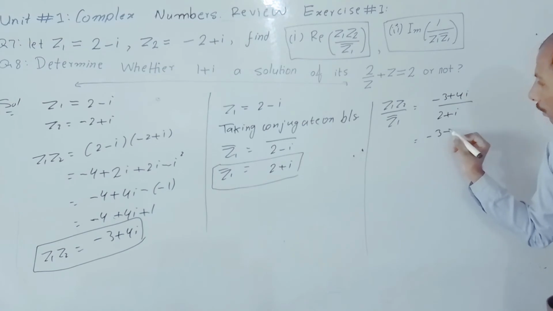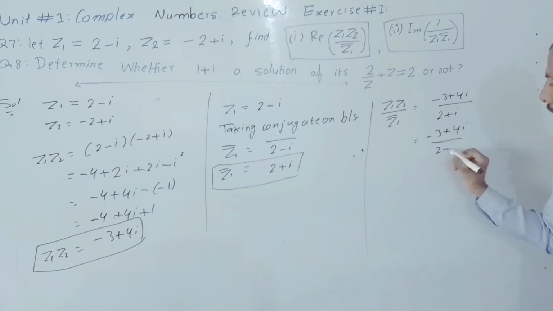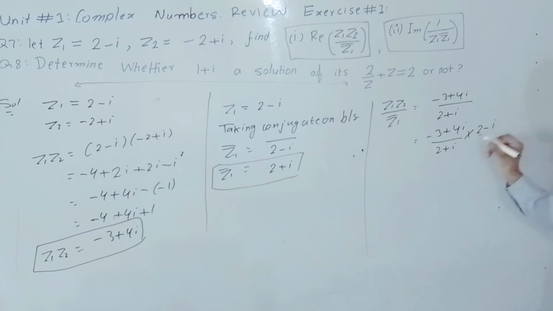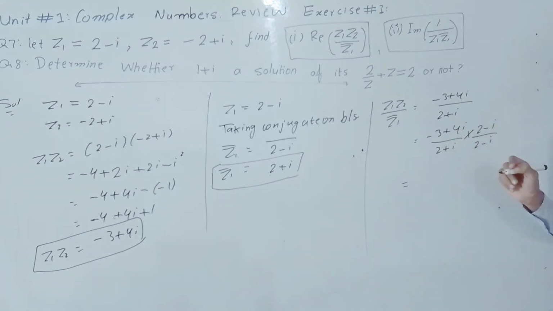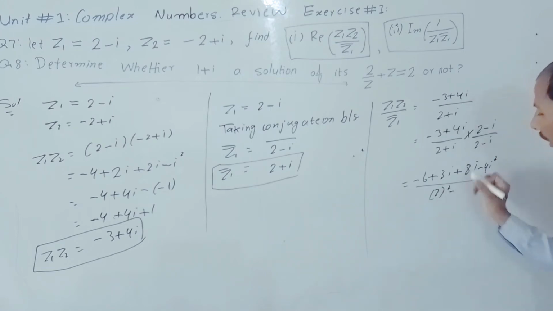So minus 3 plus 4 iota divided by 2 plus iota, by rationalization multiply by 2 minus iota, 2 minus iota. So next minus 3 multiply 2 is minus 6, minus into minus is plus 3 iota, plus 4 iota multiply 2 is 8 iota, plus 4 iota into minus iota is minus 4 iota square, divided by 2 plus iota into 2 minus iota, which can also be written in the form of 2 square minus iota square.